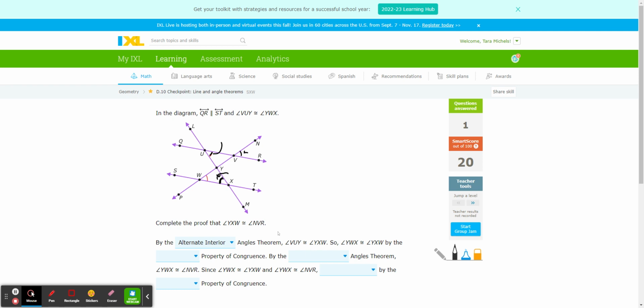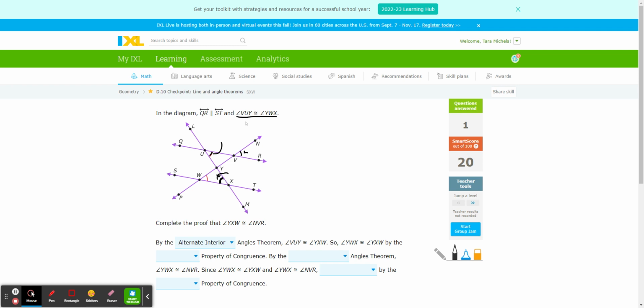All right, so YWX must be congruent to YXW by the blank property of congruence. Well, notice we originally said VUY is congruent to YWX.